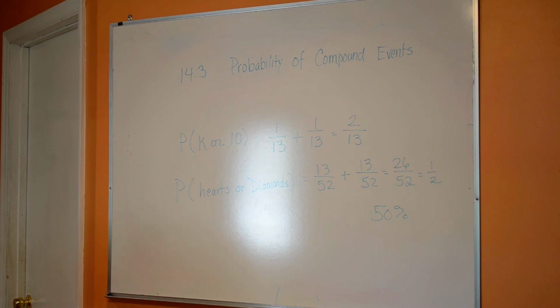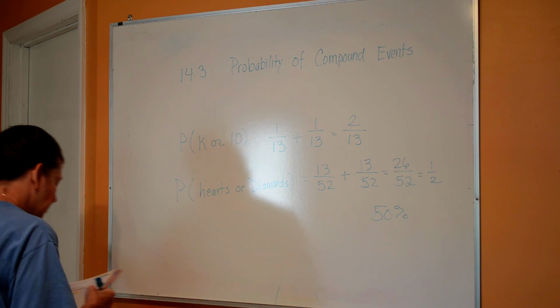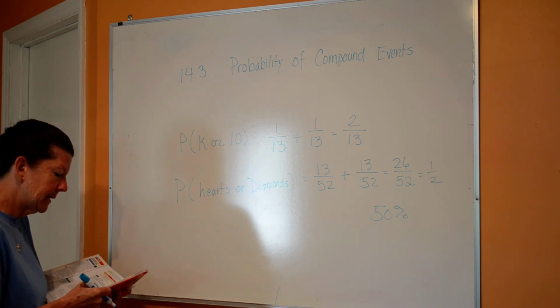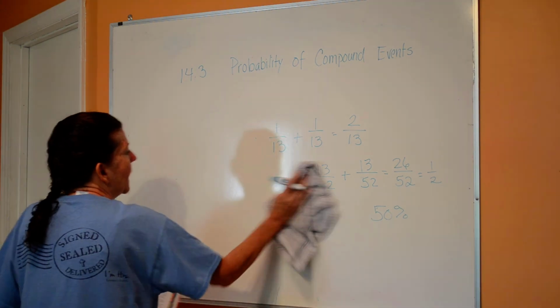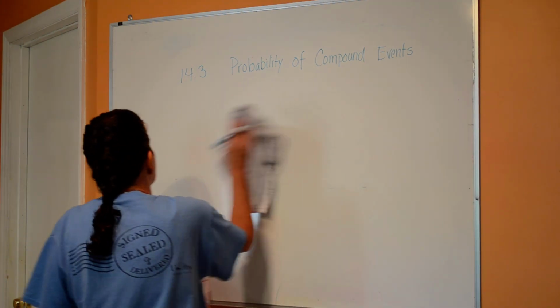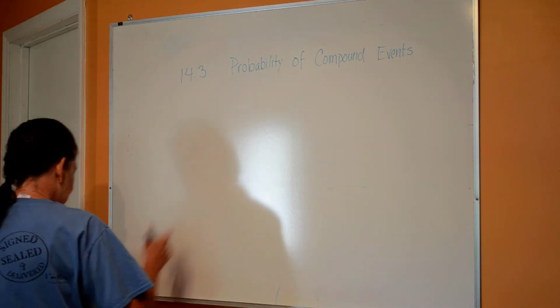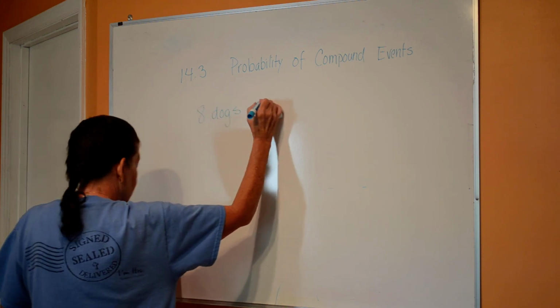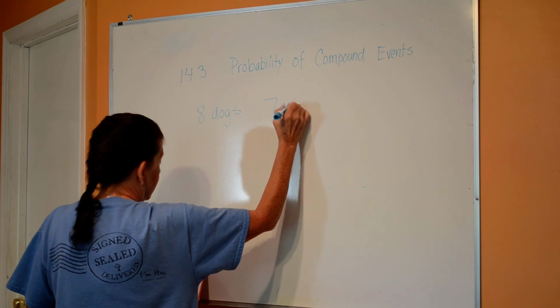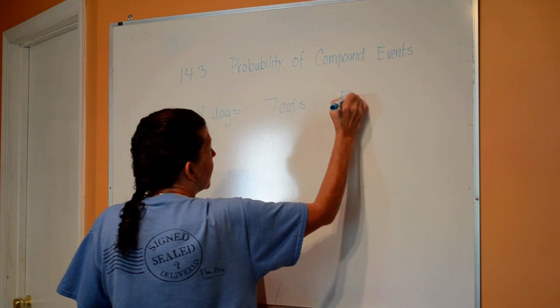All right. Let's do one more. Alfred is going to Lakeshore Animal Shelter to pick out a new pet. Today the shelter has, all right, this is what he has: 8 dogs, 7 cats, and 5 rabbits.